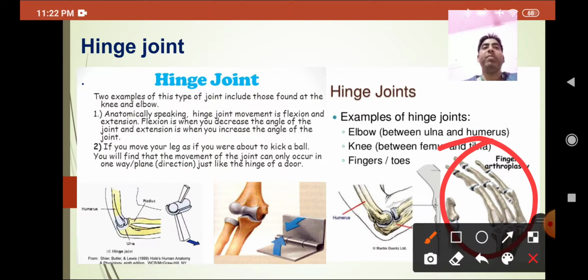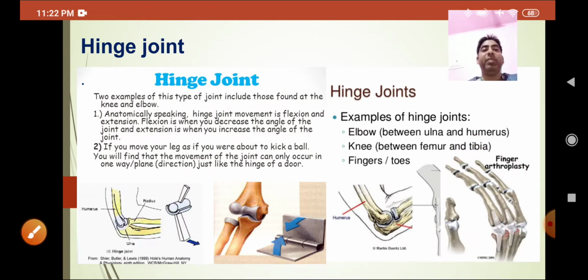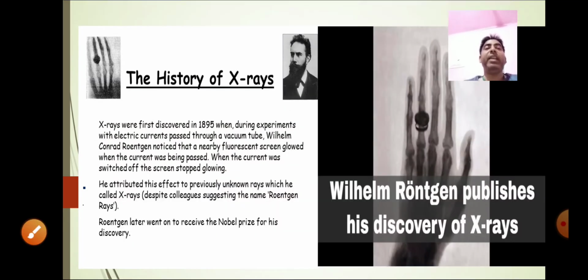Again I am saying the hinge joint is found in our elbows, fingers, knees and toes. They allow the movement of bones in only one direction, as our door opens in only one direction. That is up and down or back and forth movement. This was all about the hinge joint.